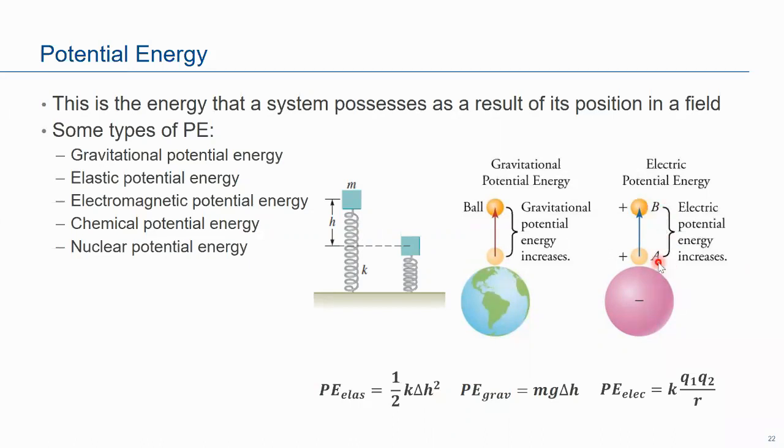Ibig sabihin, pinipilit mong paghiwalayin yung positive tsaka negative charges. So, tumataas yung effort, tumataas yung potential energy. Ganun din naman yung nangyayari kapag, let's say, you have two positive particles or two negative particles. There exists a natural repulsive force between them. So, ang tendency, kailangan nila maghiwalay. Right? But if you push one to the other, slowly and slowly, papunta dun sa isa, kabaliktaran nung example natin dito, tumataas yung potential energy.